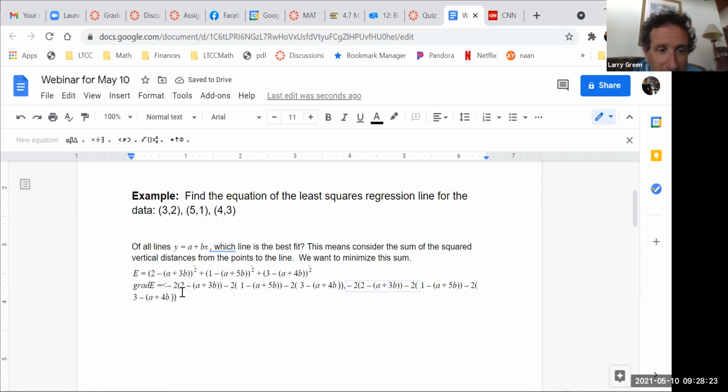So with respect to B, the only difference is you're going to be multiplying by this 3 and by the 5 and by the 4, because it's all part of the chain rule. Whoops. Let's go times 3, then times 5, and then times 4.